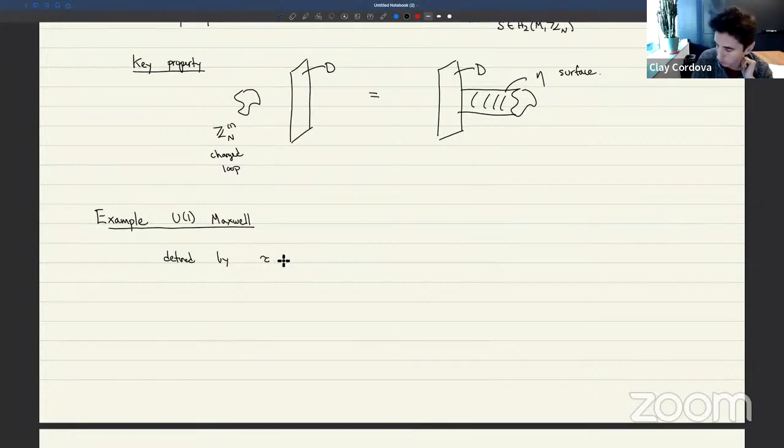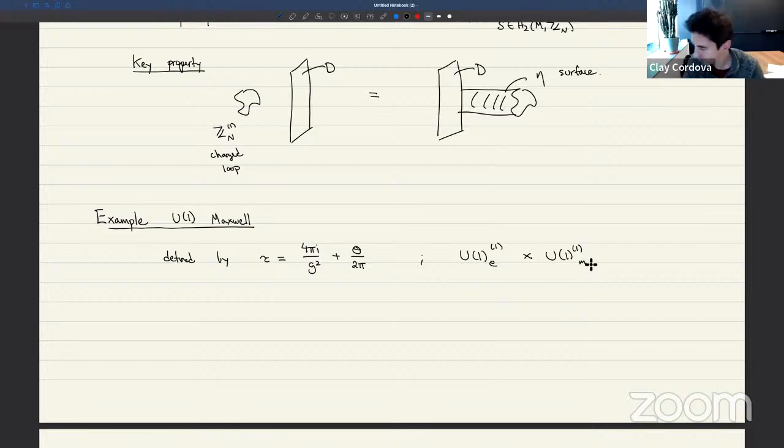It's the electromagnetic coupling, which is 4 pi i over g squared plus theta over 2 pi. And it has some higher form symmetry, which will be relevant to us. It has an electric one-form symmetry, and it has a magnetic one-form symmetry. And we are going to look at gauging a Zn one-form subgroup of the electric symmetry.